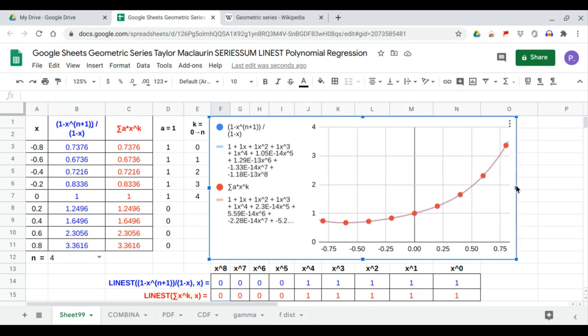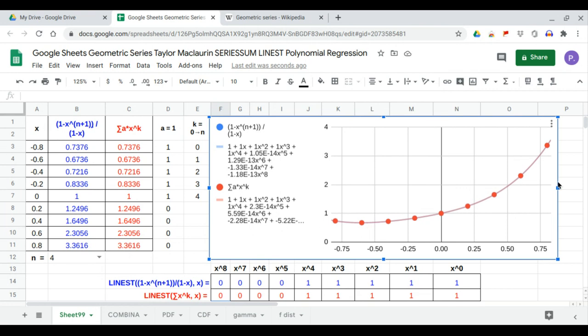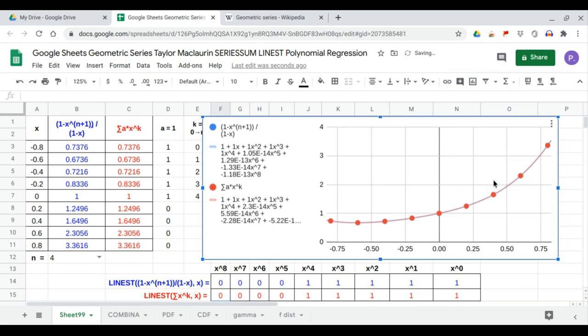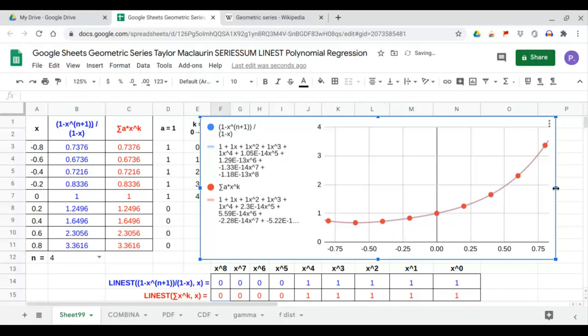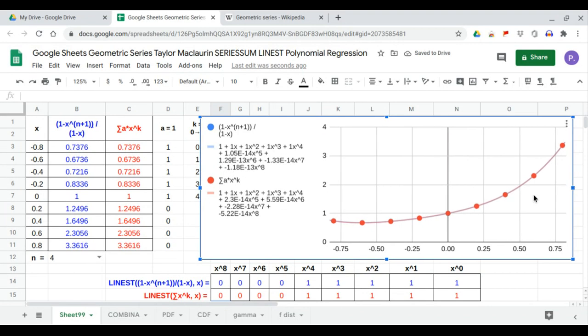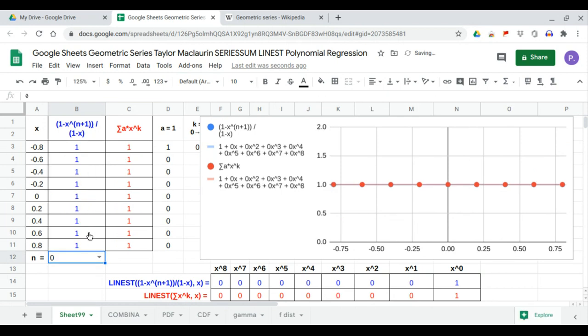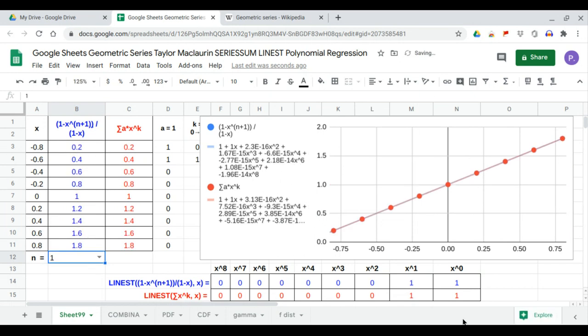Here we have the equation. At n equals 0, our equation will be y equals 1. At n equals 1, y equals 1 plus x.